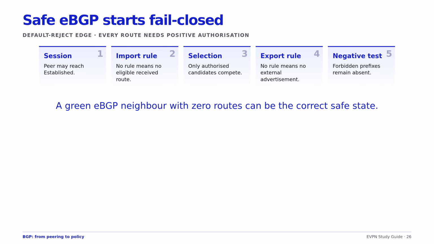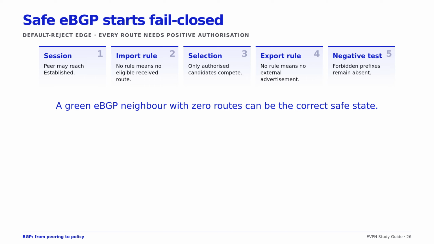RFC 8212 changes the safe expectation for external route exchange. Without an explicit import policy, received eBGP routes are ineligible for selection. Without an explicit export policy, no routes are placed in the external Adj-RIB-Out.